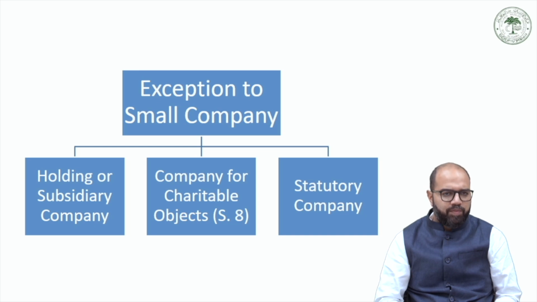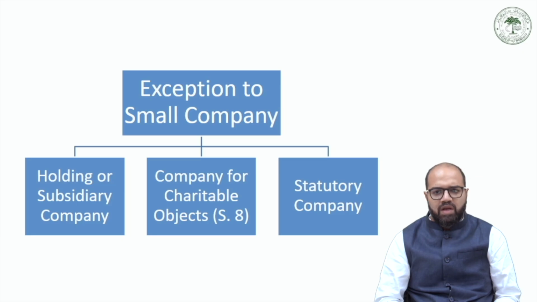Now, there are some exceptions under the law related to small company. So the definition of a small company is not applicable to the following categories. A small company cannot be a holding company or a subsidiary company or a company registered under Section 8 of the Companies Act, that is a company for charitable objects, or a company or body corporate that is governed by any special act, which is a statutory company.